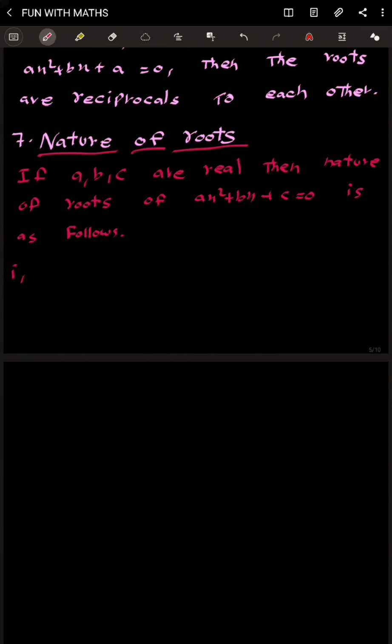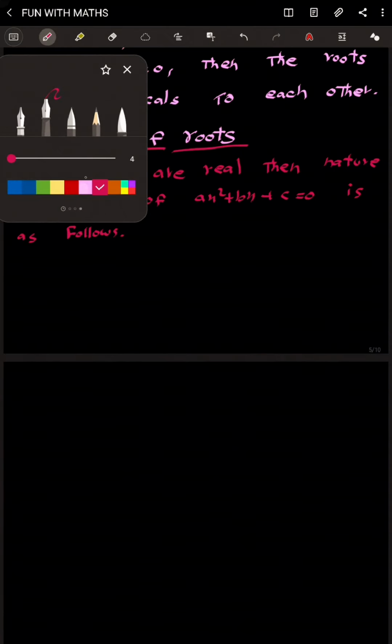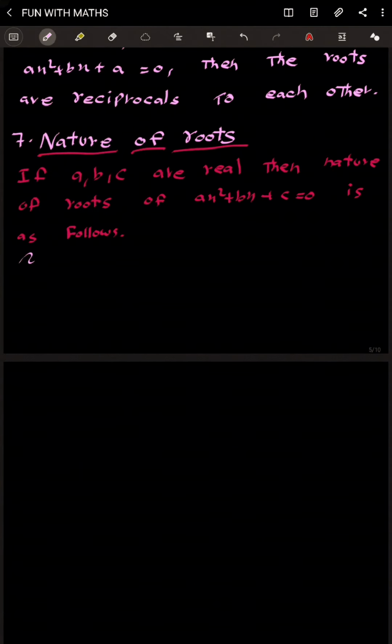So first one, if delta is equal to 0, then the roots are real and equal.